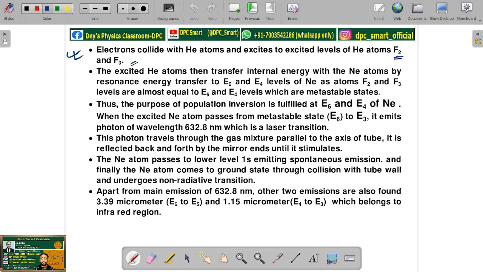Now the excited helium atoms transfer their internal energy to the neon atoms by the process of resonant energy transfer, and it happens with the process of collision between helium atoms and neon atoms. So due to the collision of excited helium atoms with the neon atoms, an internal energy transfer occurs from helium to neon atoms, which is called resonant energy transfer.